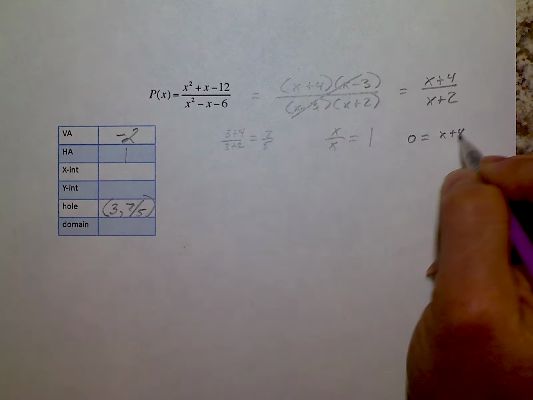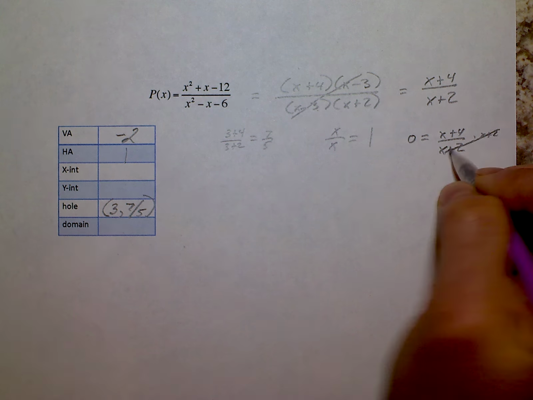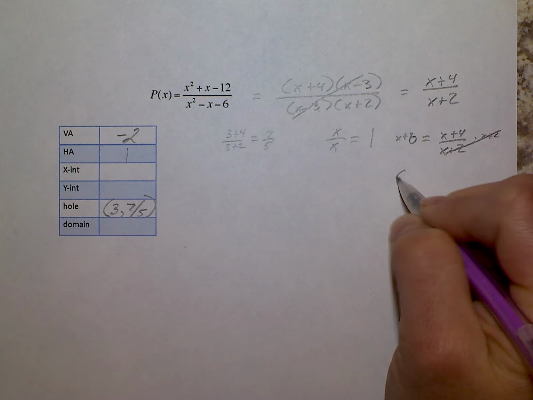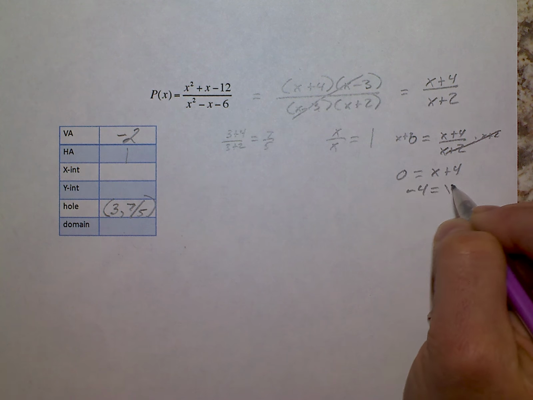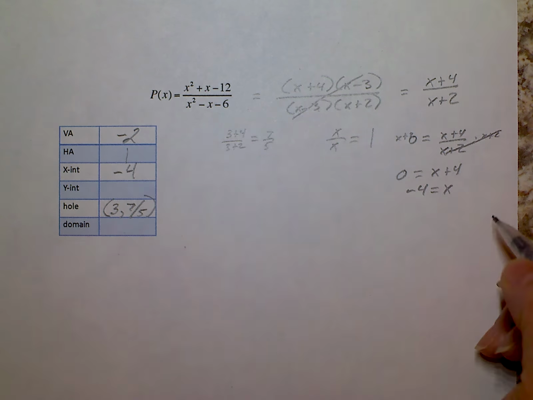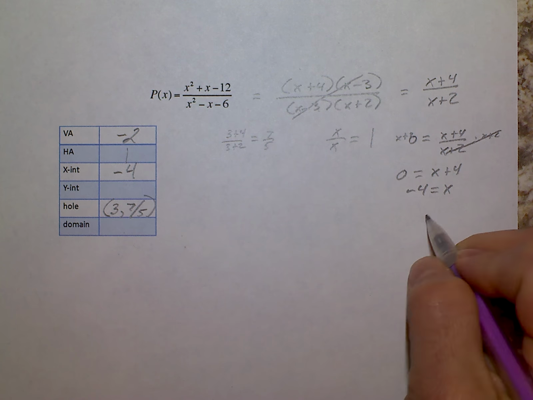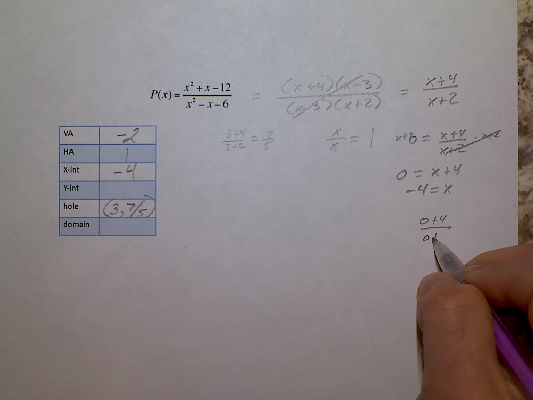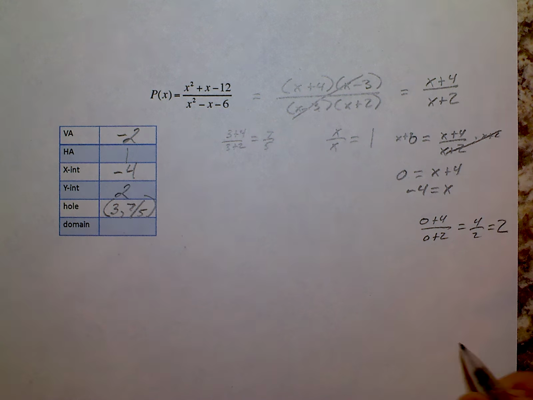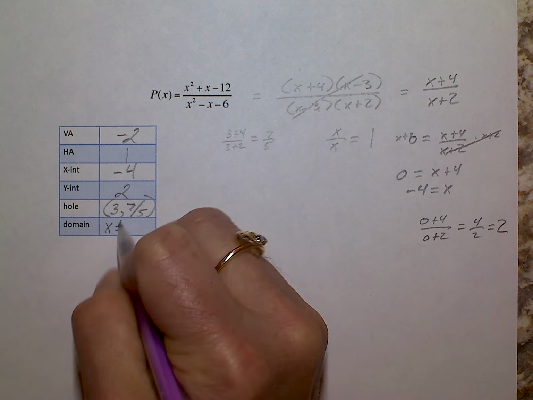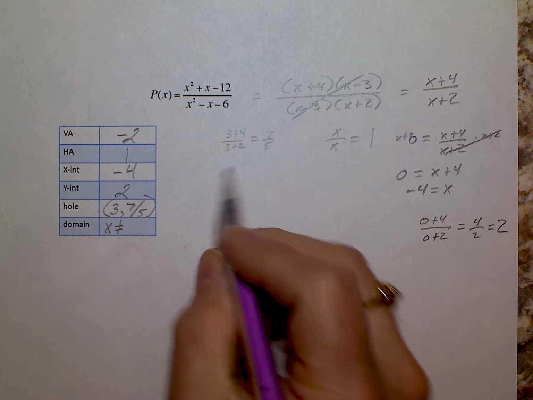Where y equals 0, the denominator cancels and goes away, and it's x plus 4 equals 0, so -4 equals x. The y-intercept is where x equals 0, so I have 0 plus 4 over 0 plus 2. 4/2 is 2. For the domain, what numbers are not allowed in that denominator? 3 and -2.